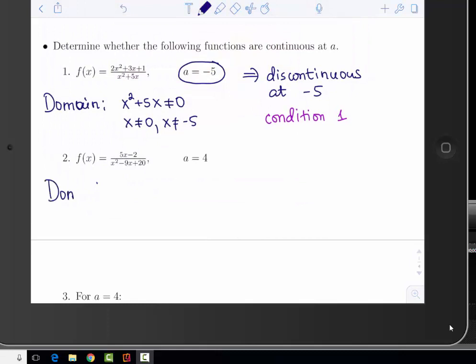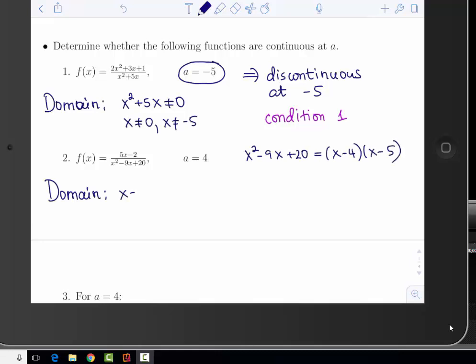What's the domain of this function? Same as before, this is a rational function. So we need to take the denominator and see what makes that denominator 0. If I factor it, x squared minus 9x plus 20 is x minus 4, x minus 5.